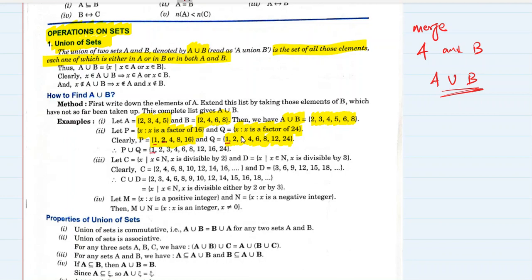Then you will write 2 only once. You will write 3 because it's there in set Q. Then 4, 6, 8, 12, 16, and 24. All the elements of sets P and Q written together are known as P union Q.